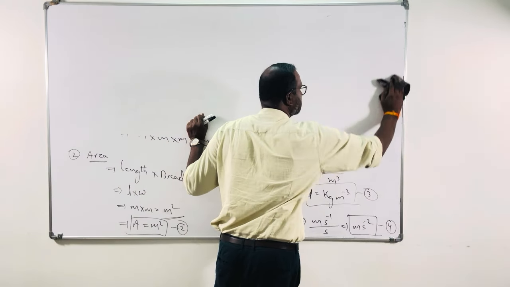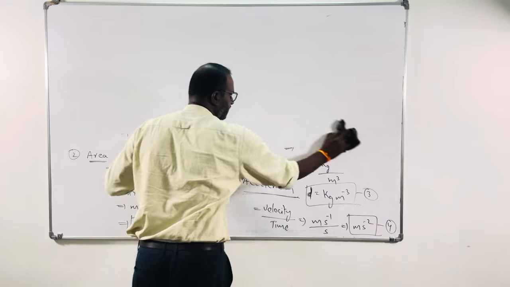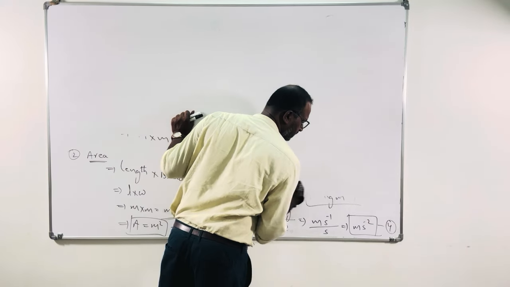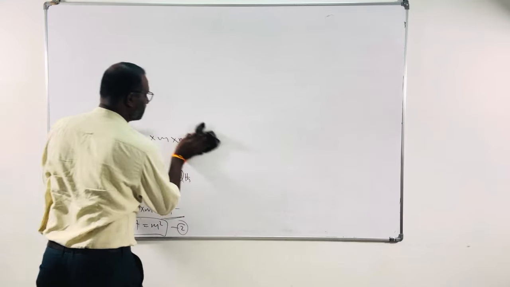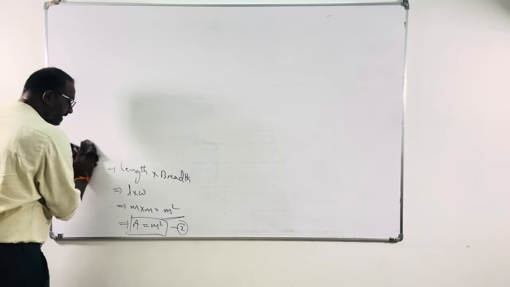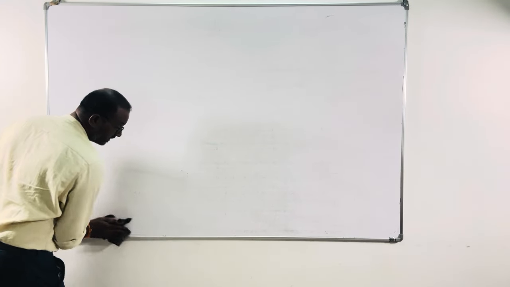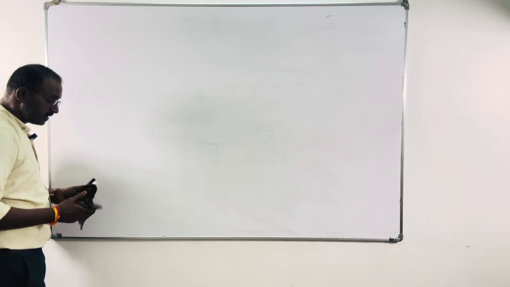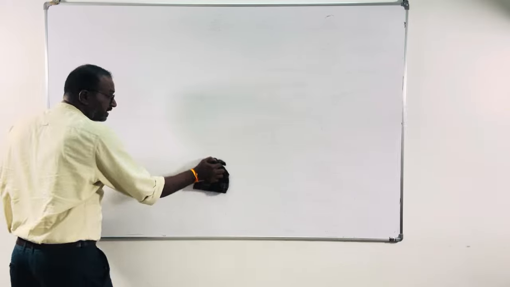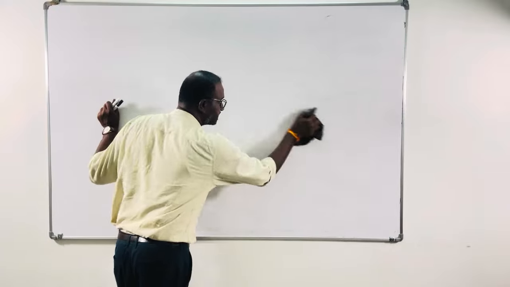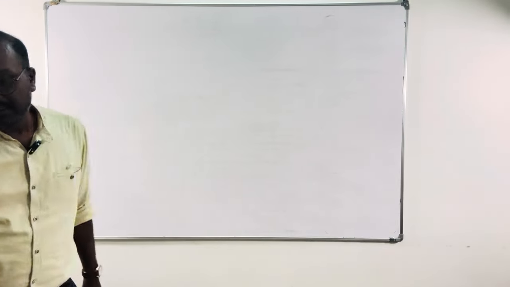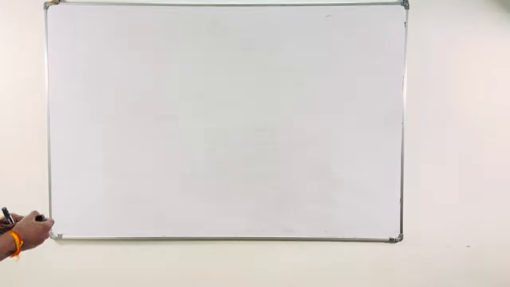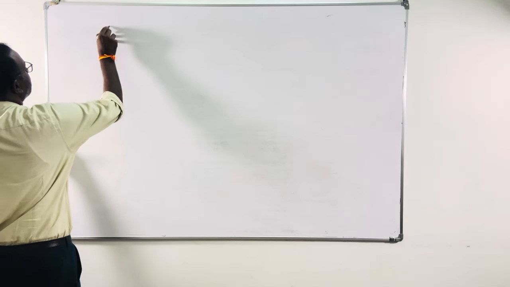If you are very perfect in conversions, of course in school levels also it will be there, but for chemistry purposes, I am explaining only the conversions we require for calculations in the chemistry subject. I am not going to other conversions. That is conversion of units.